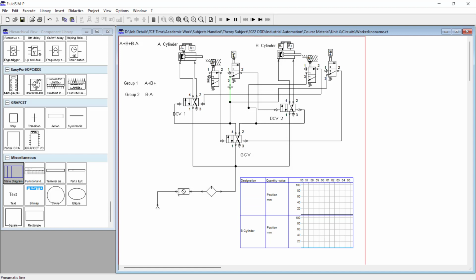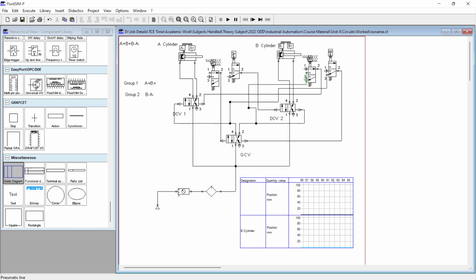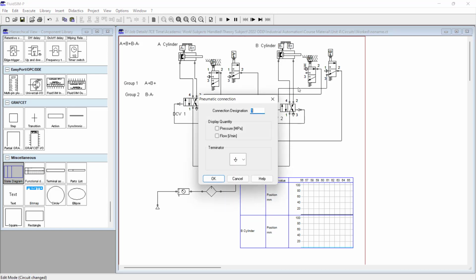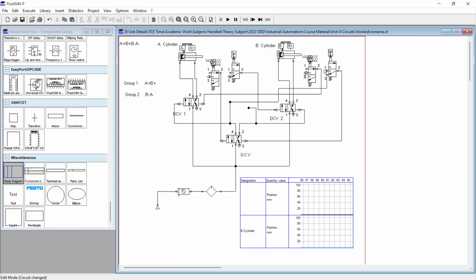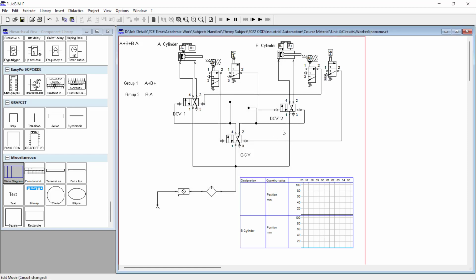Here I made a small mistake. It should be a power port, and then the other input will be a vent port. I just made a small mistake.